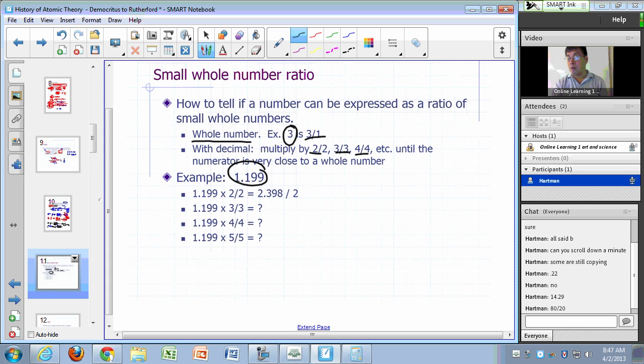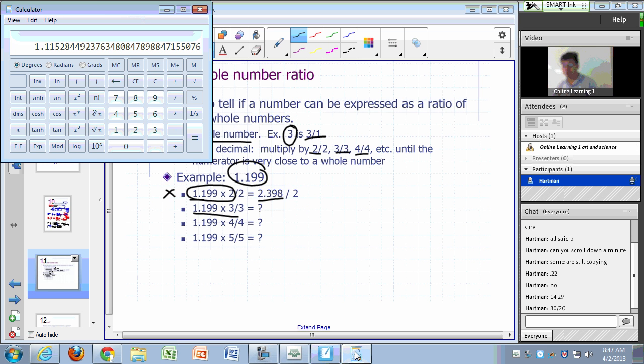Well, you start by multiplying that by 2/2. So 1.199 times 2 is 2.398. That's far from a whole number. Okay, so that doesn't work. Multiply it by 3/3. What's 1.199 times 3? That's 3.597 to 3.